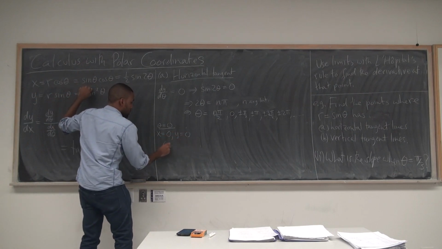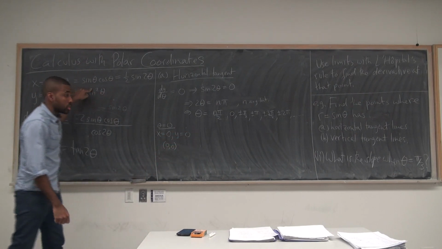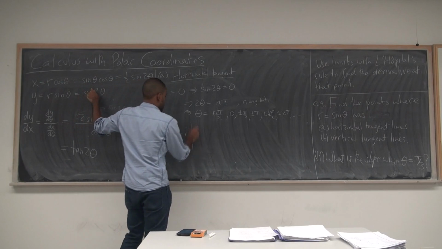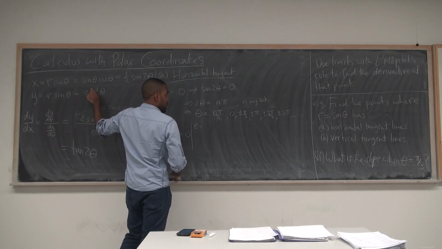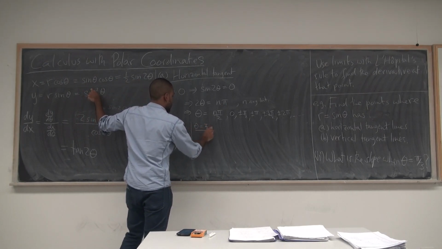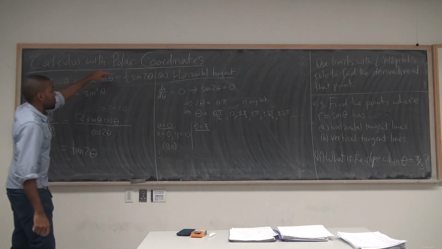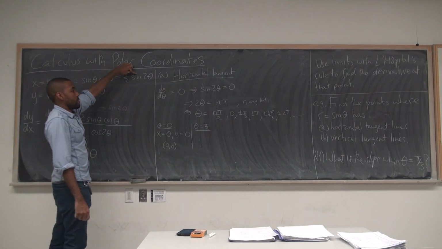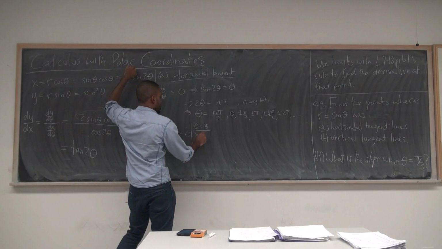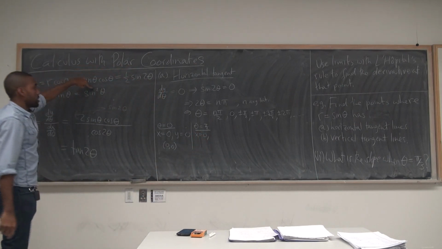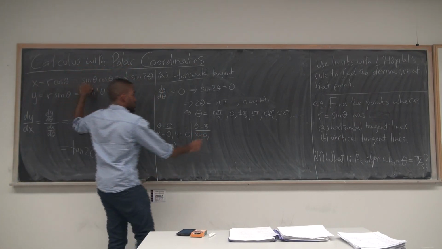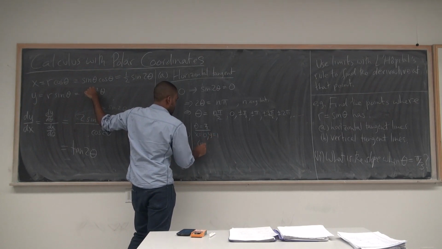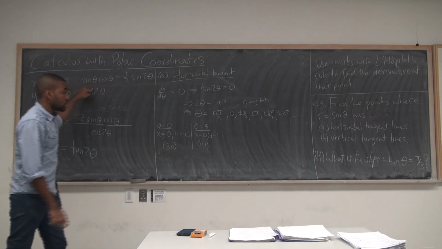So 0 comma 0 is one place I will have a horizontal tangent. Say theta equals the next one, pi over 2. Plug in pi over 2 here, what do I get? X equals 0. Plug in pi over 2 over here, y equals 1. So 0 comma 1 is another point I will have a horizontal tangent.